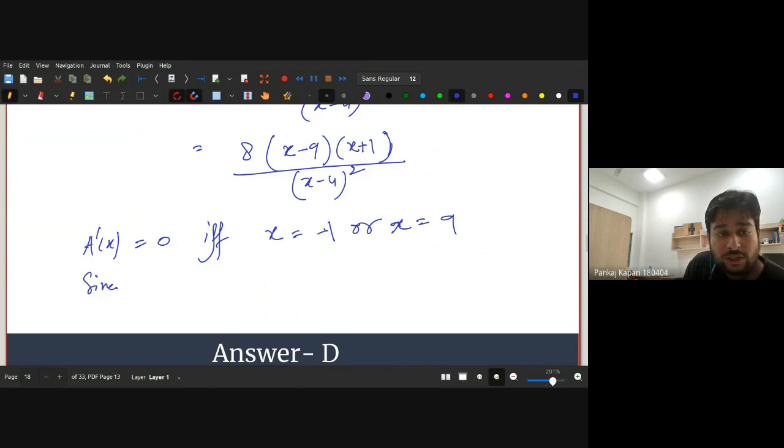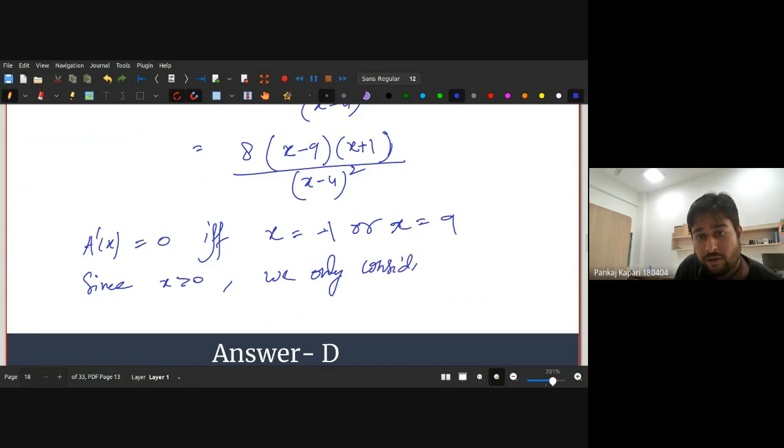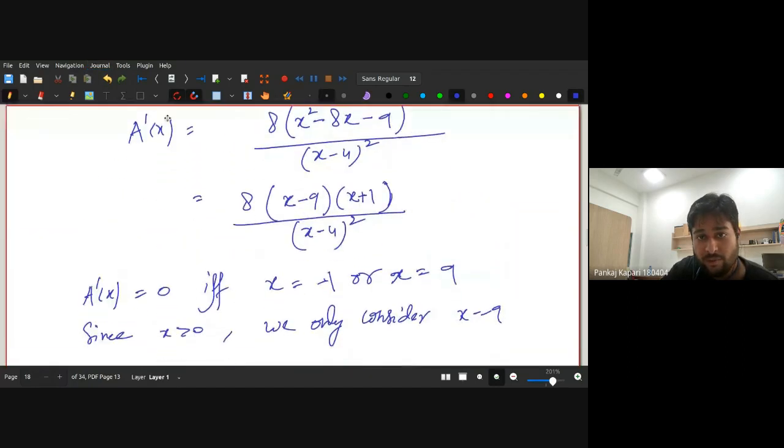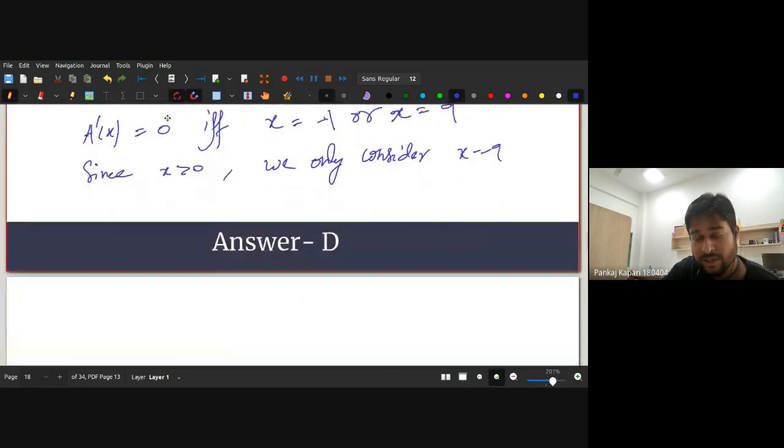Okay, so since x is positive, and these are the length and height of the cardboard, we only consider x equal to 9. So we'll consider only this critical point. Tell me what the sign of the derivative is near 9.